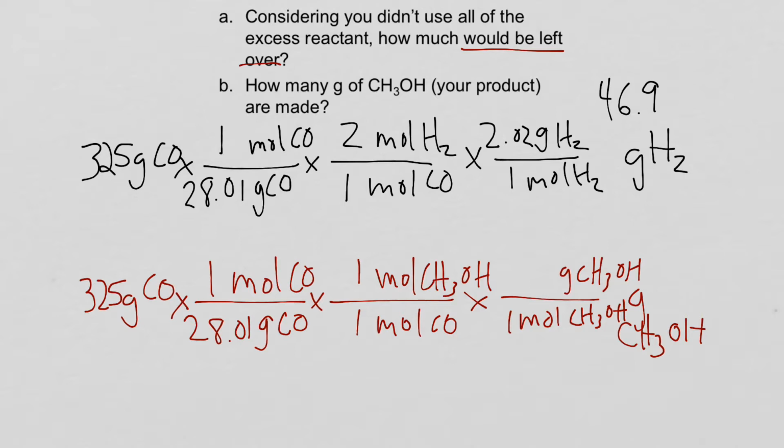And then methanol is our 32.05. Adding everything up. So my amount made here, multiply all your numbers across the top, divide by each number on the bottom individually. That'll play a bigger role when your coefficient on the bottom is a different value. So, but aside from 1, so 3 significant figures, 372 grams of methanol are produced.